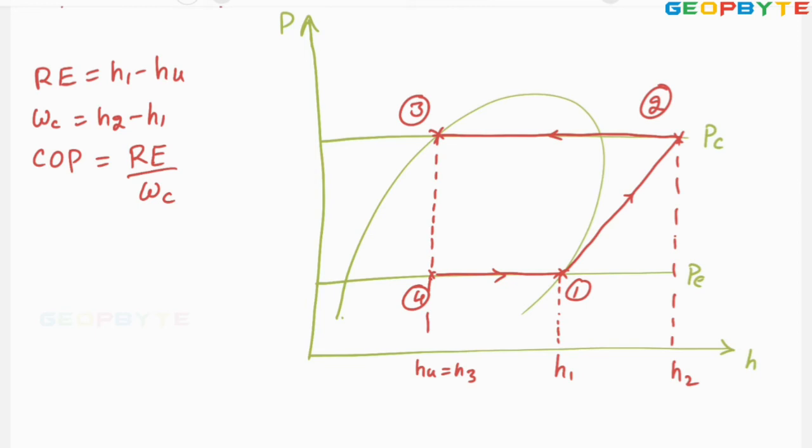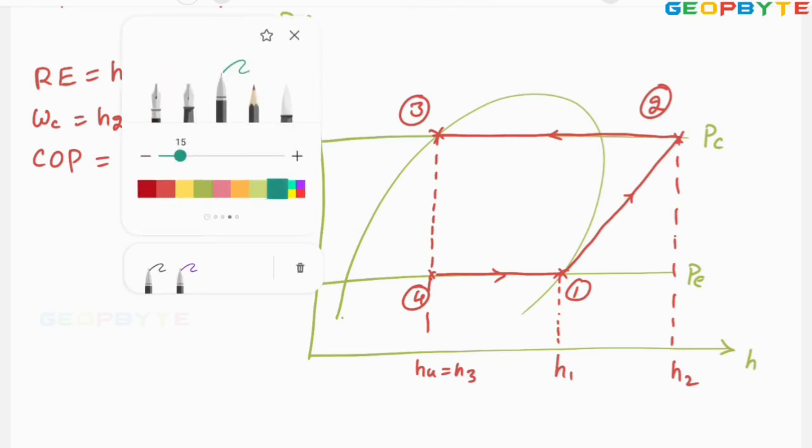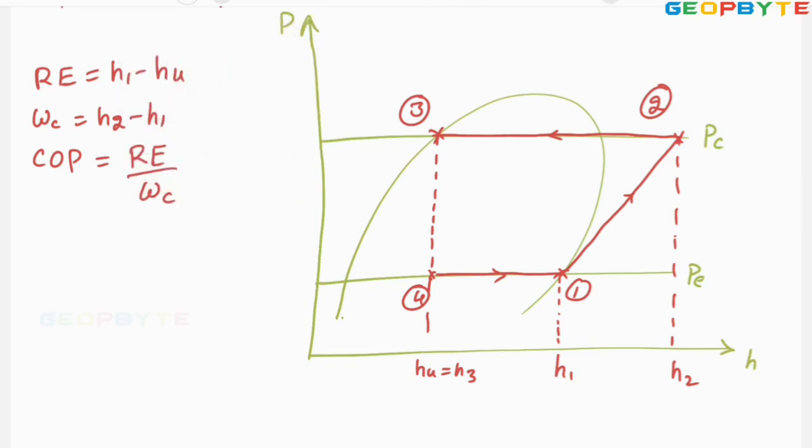But what he is asking is, if the evaporator pressure is increasing from PE to PE dash, for the same saturation state, the evaporation is ending at 1 dash, compression starts at 1 dash, proceeding to 2 dash.